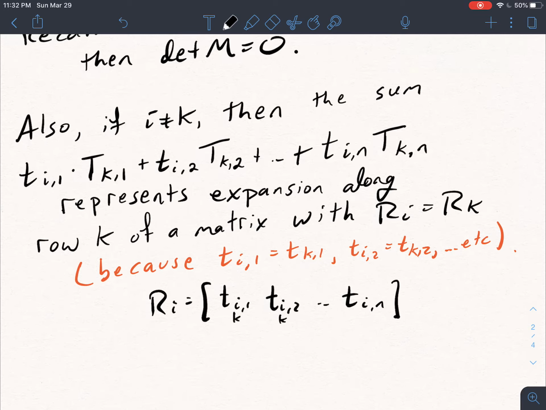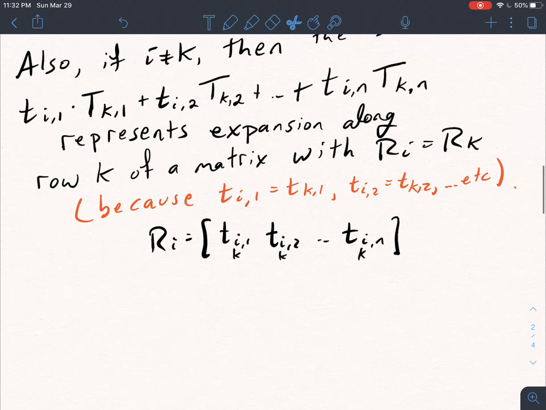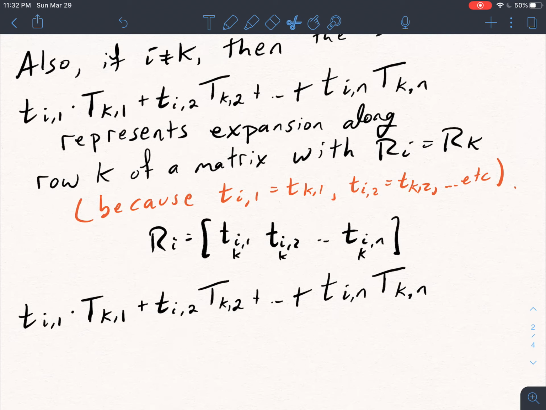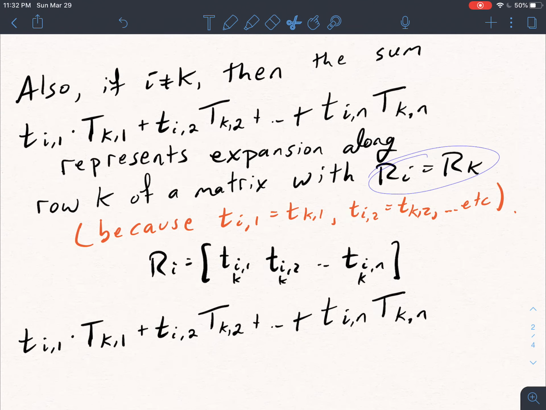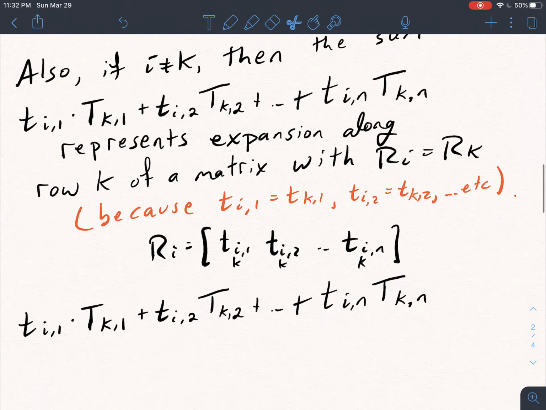All of these i's could be replaced with k's, and so this entire expression right here represents the determinant of a matrix with row i equal to row k.